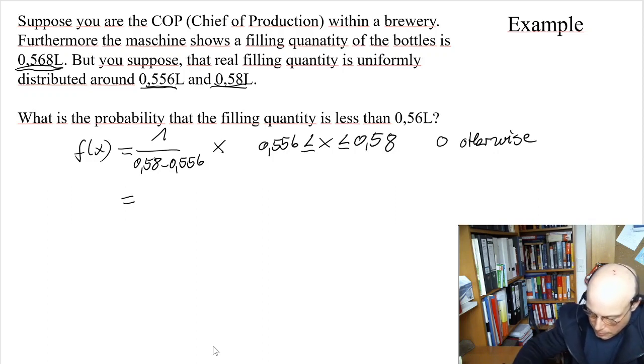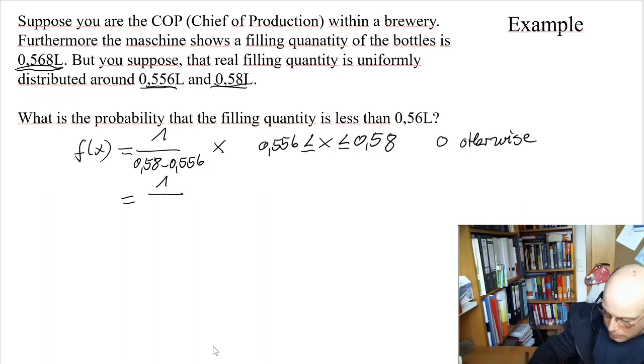And this means, hopefully I'm calculating right, you help me please, it would then be 1 over 0.024. Am I right? Hopefully.